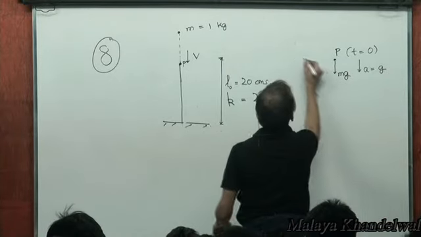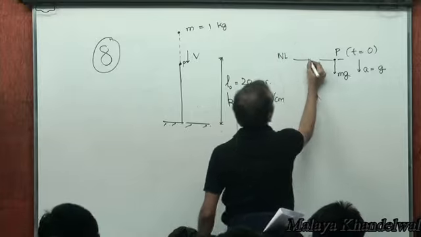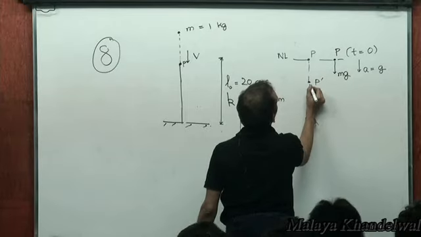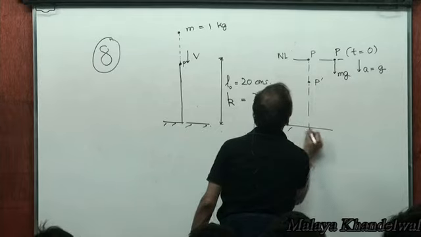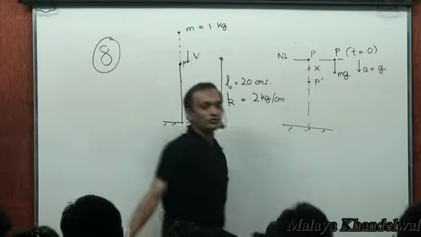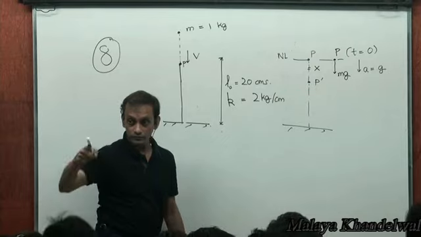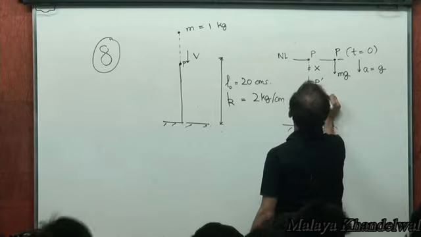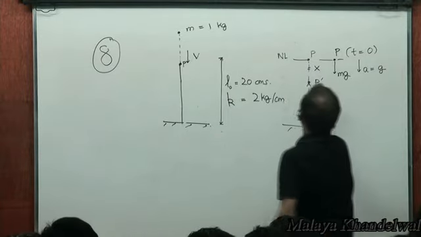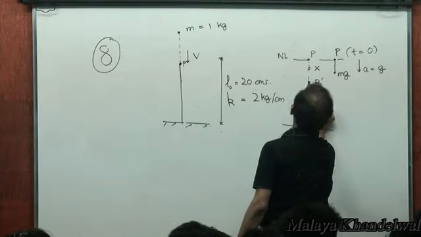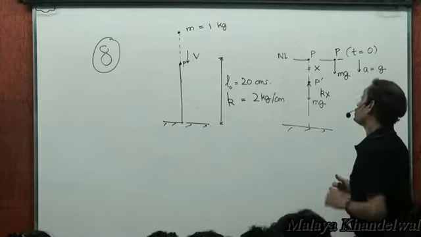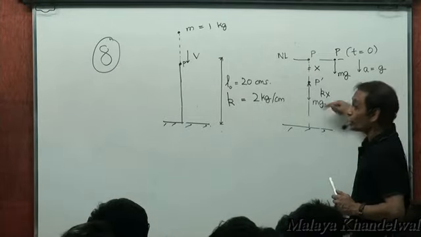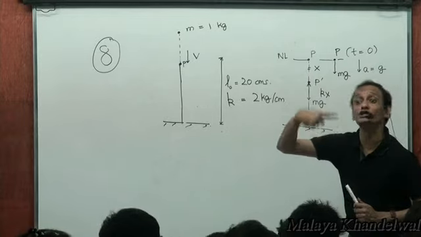Now, from this point, which represents the natural length of the spring, after a while it gets compressed. P comes to P prime, and the spring gets compressed by an amount x. So the spring force will be kx upwards on the particle, and Mother Earth exerts mg downwards. As long as mg is larger than kx, it will have a downward acceleration and the velocity will go on increasing.